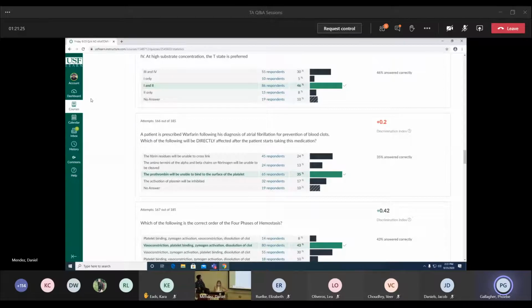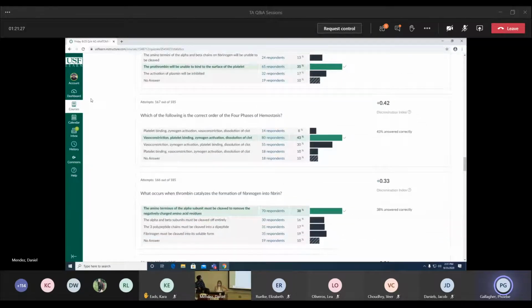Okay, so the next question, which of the following is the correct order of the 4 phases of hemostasis? So this is essentially the first slide of the last lecture. The order is, initially you have your injury, and then right after the injury, you're going to have your vasoconstriction to minimize blood loss, followed by the platelet binding.